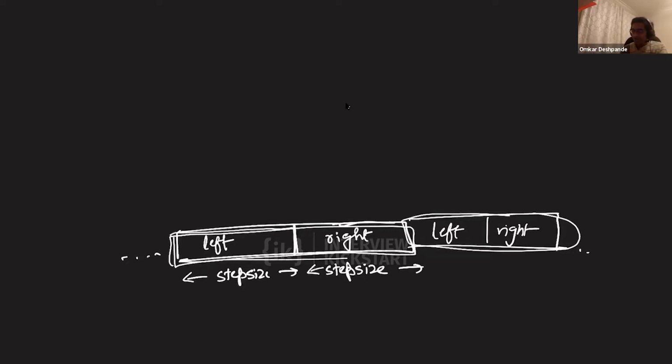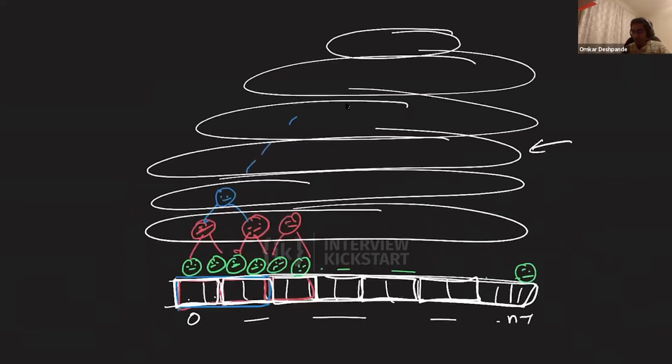But if this left half, let's say, itself ends up spanning the whole array, and the right half is empty, then there's nothing to do at that point. So as long as the left part and the right part both exist at any level, there is work to be done in merging.